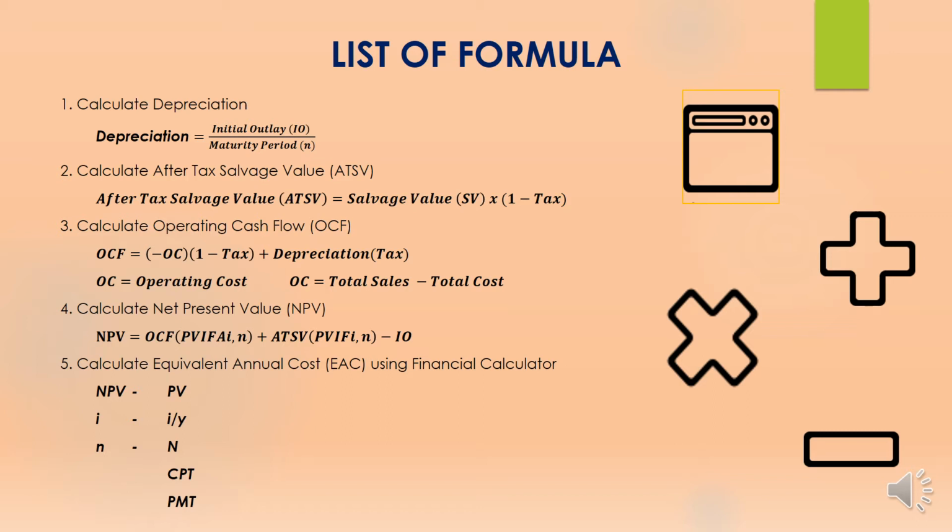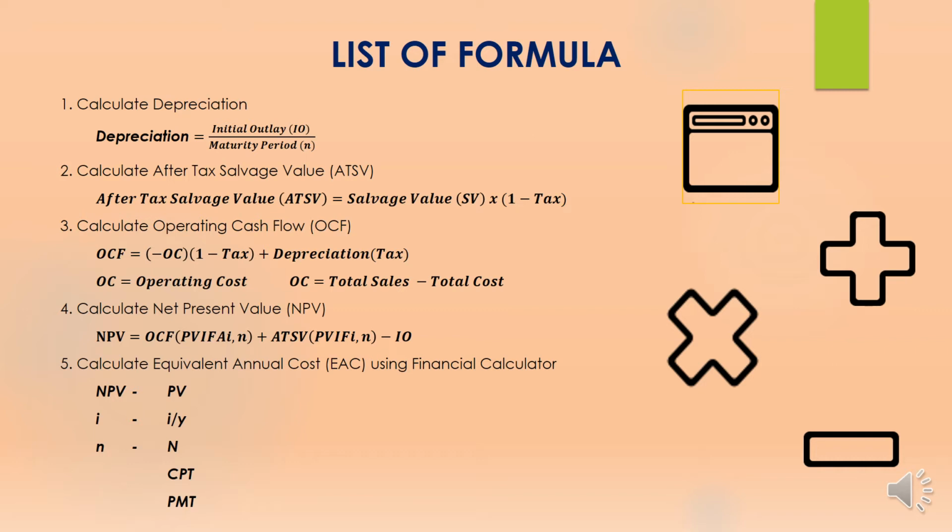I represents the required rate of return and N represents the maturity period of the project. The amounts of I and N will be given in the equation. Then we minus IO, which is the initial outlay, or the project cost of the asset.